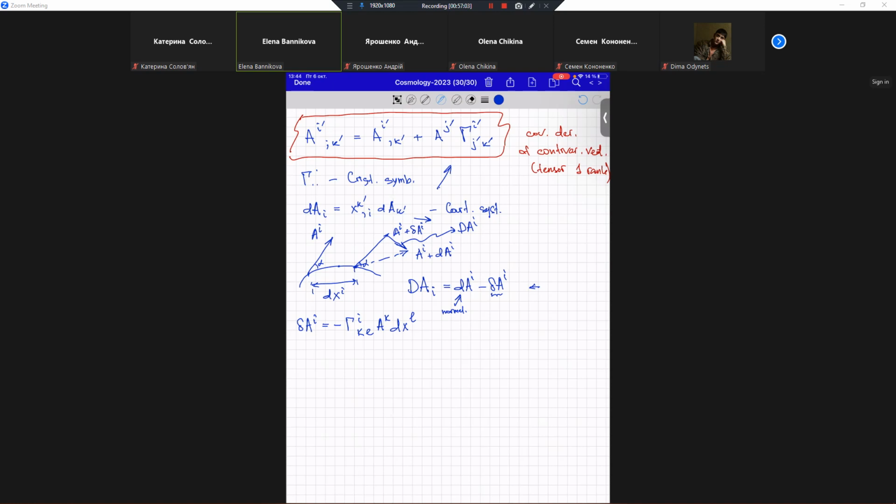What is important is that we can see from this that if we have a Galilean reference system, all flat space, in this case all components of the Christoffel symbols will be equal to 0. And in this case, we have the condition that the covariant differential equals the normal differential.